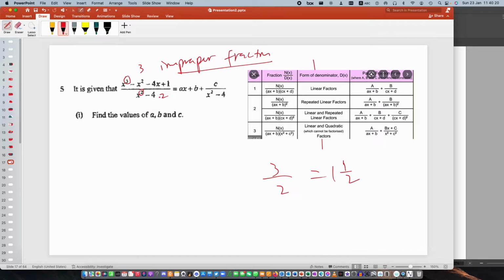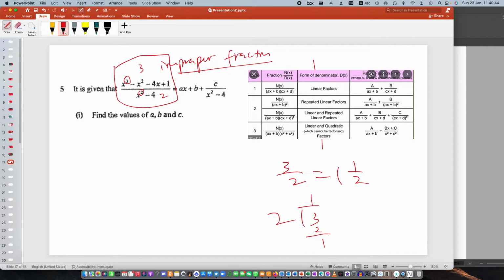Similarly, this is an improper fraction, so the first step is how do you get the improper fraction into a proper fraction? Same thing, you do long division.